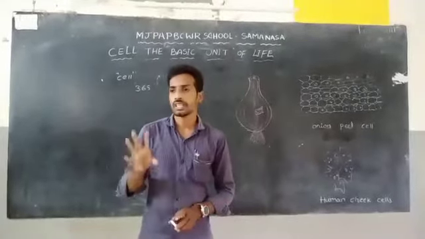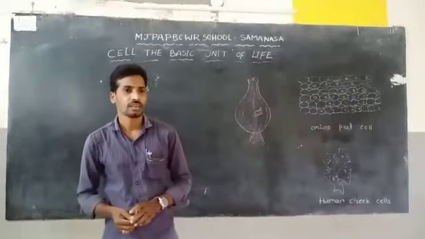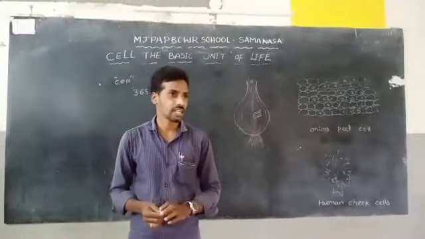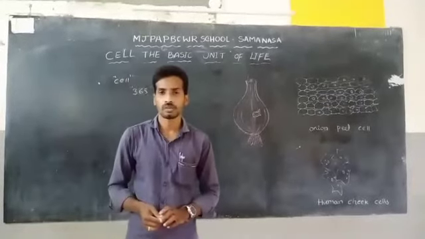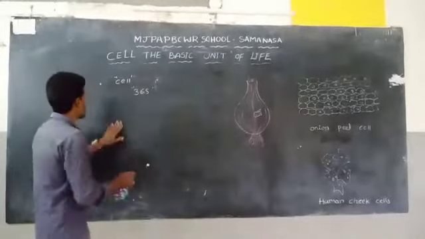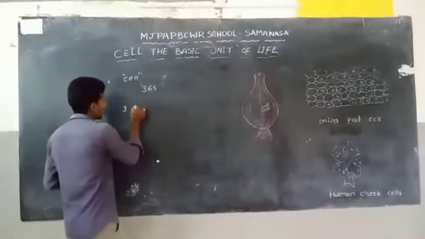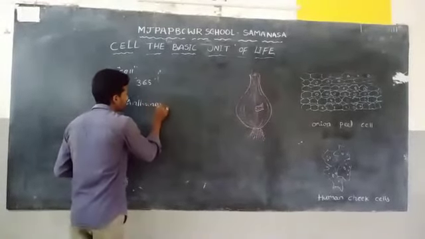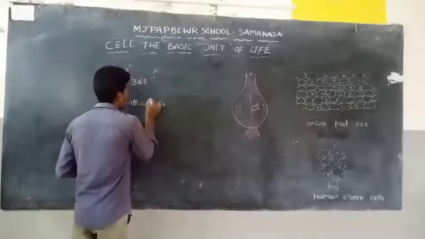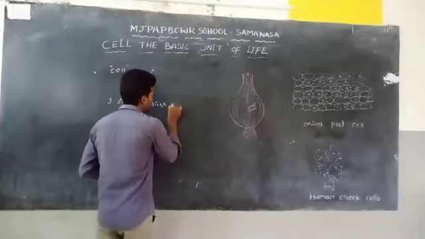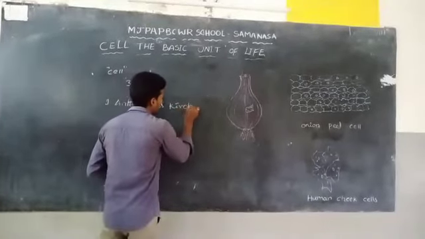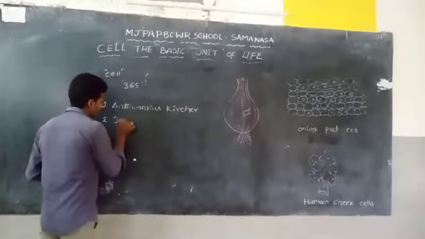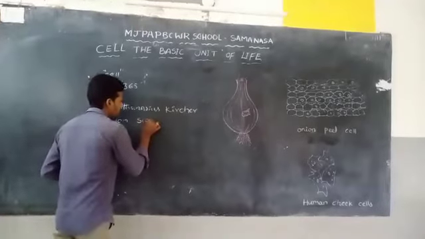Among them, there are four scientists who worked on describing it. The first one is Athanasius Kircher. Second is John Swammerdam.